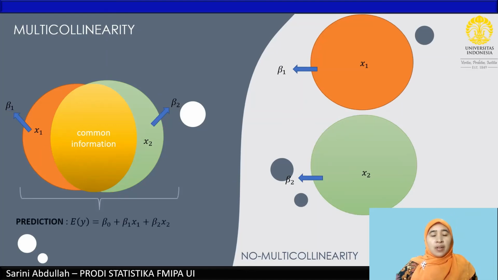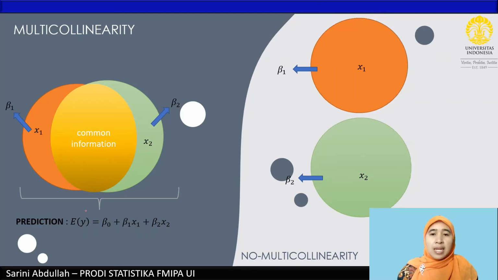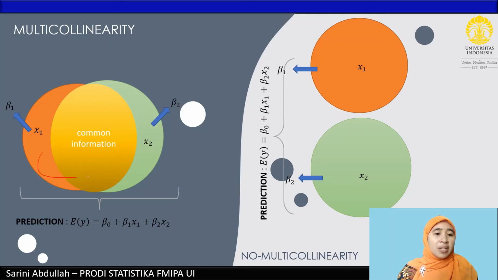Now, the use of the model is not just trying to get insight on the role of each parameter in the model, but probably we also want to do prediction. In the case that we are predicting the value of y, we take the whole information, right? So all this information will be taken into the calculation. The same thing when there is no multicollinearity. In this case, we don't really care how much is the contribution of x1 or how much is the contribution of x2.